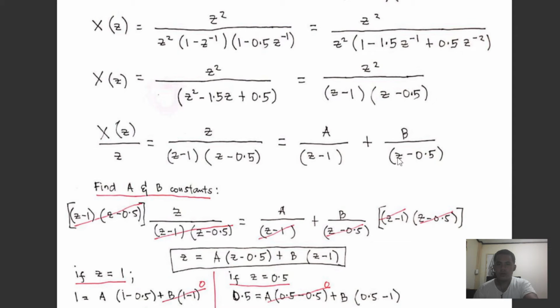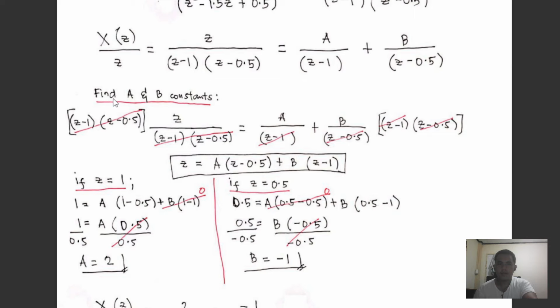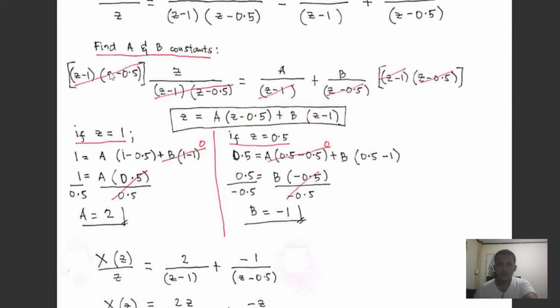We need to find the constants A and B. In order to find the A and B constants, we multiply both sides by the denominator so that we can cancel the denominator and get this equation, which is 1 equals A times (z minus 0.5) plus B times (z minus 1).